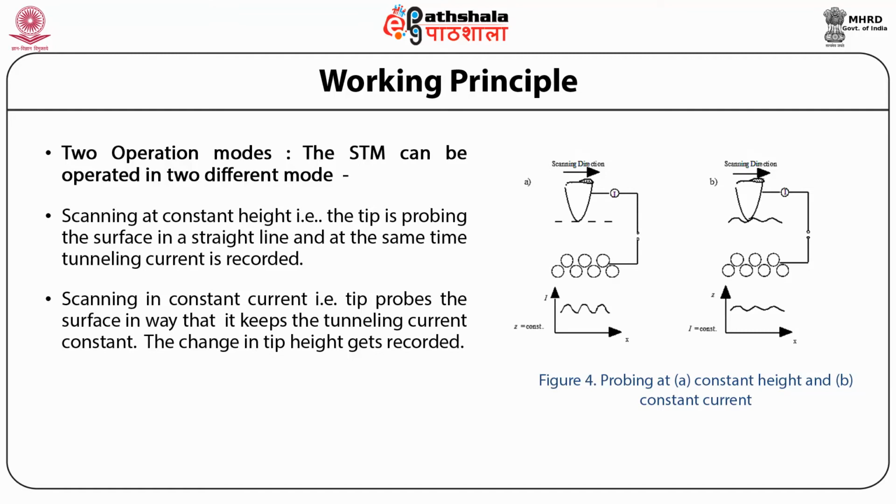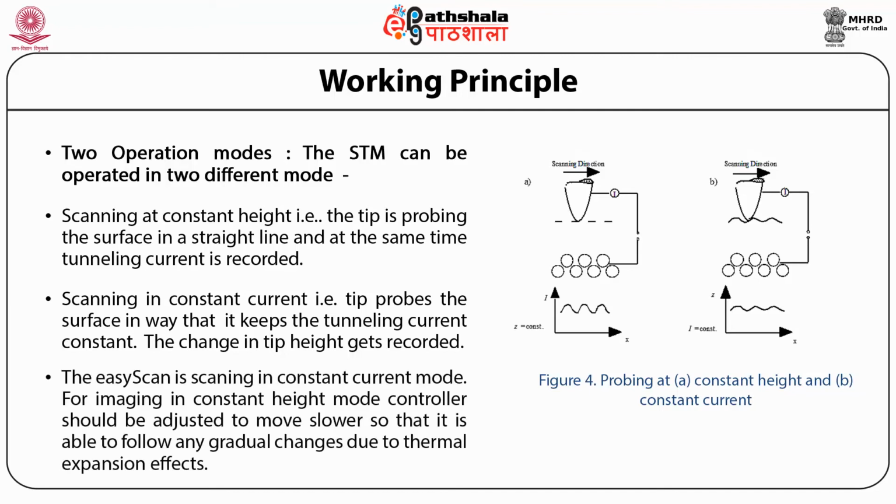The change in tip height gets recorded here. In easy scanning, constant current mode is used. For imaging in constant height mode, the controller should be adjusted to move slower so that it is able to follow any gradual changes due to thermal expansion effects.